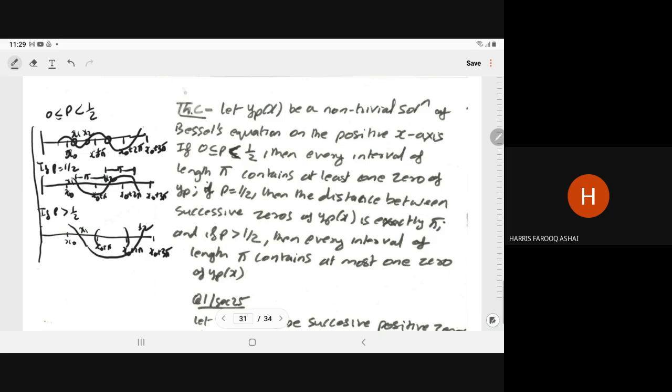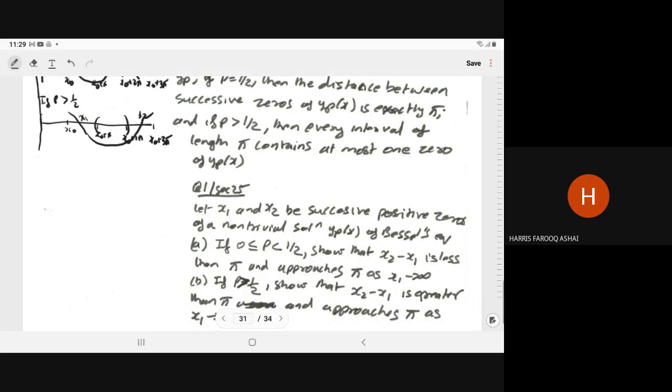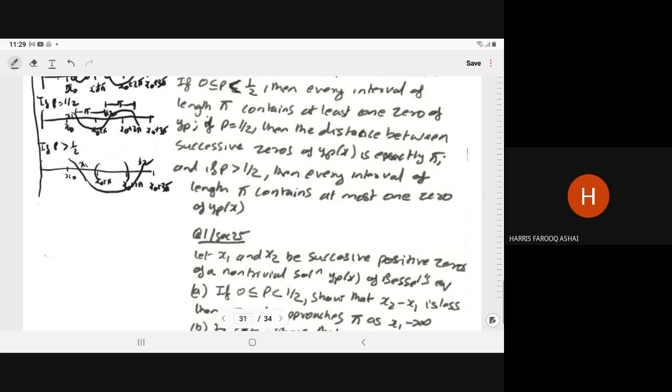If p is greater than or equal to 0 but less than half, show that x2 minus x1 is less than pi and approaches pi as x1 tends to infinity.